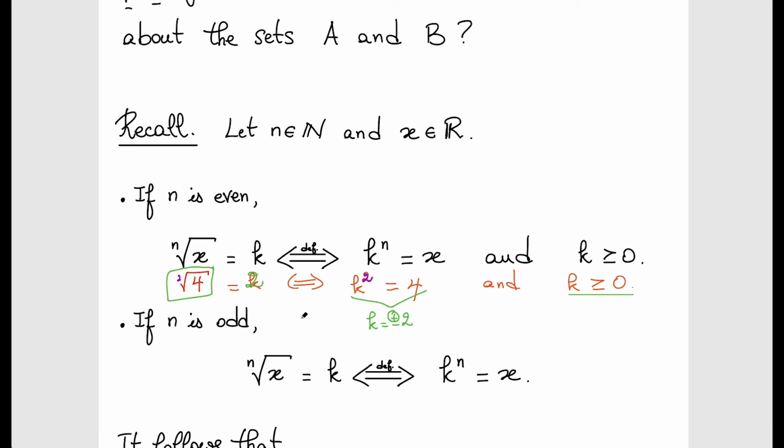Alright. So when n is even, since you have two choices, whenever, look, if n is even, if you raise any number to an even number and you get x, you can raise its opposite to that number n and also get x, like we did here, right?